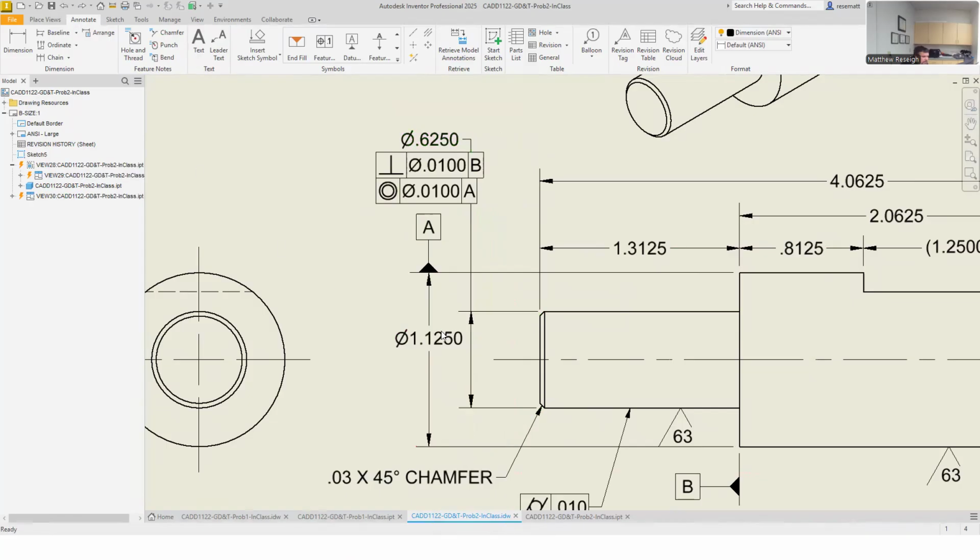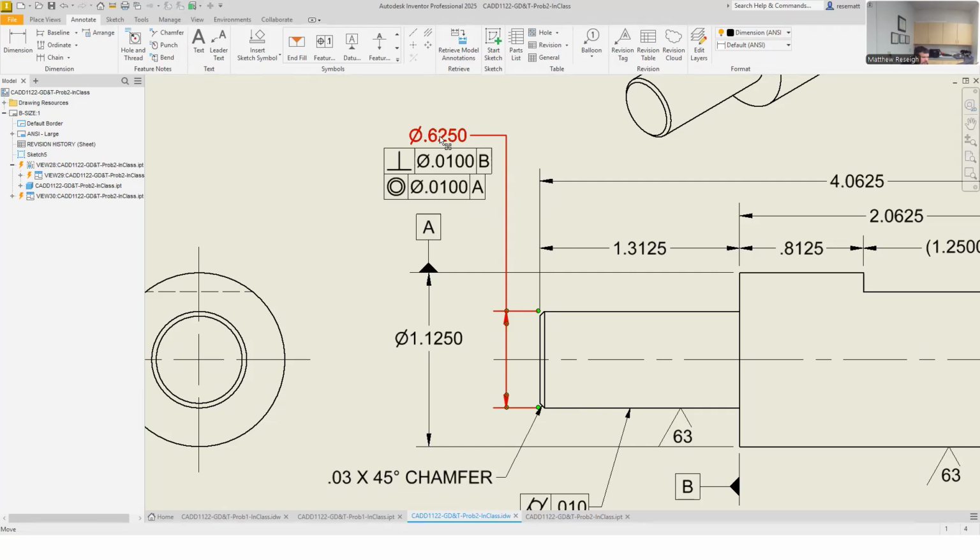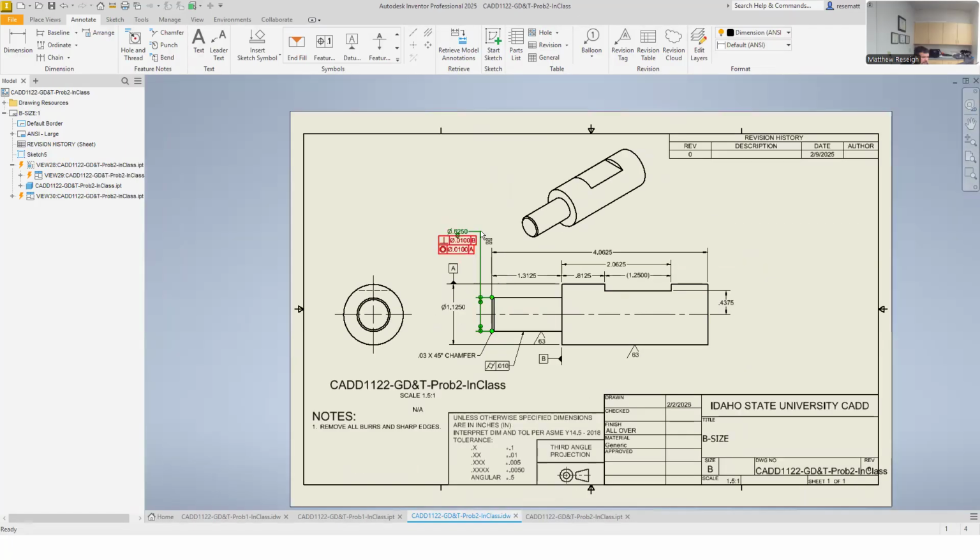I'm just kind of looking for my grip here. There it is. So maybe I'm going to place that as close to that as I can, and then I will now move this over, with a little bit of space between that datum.